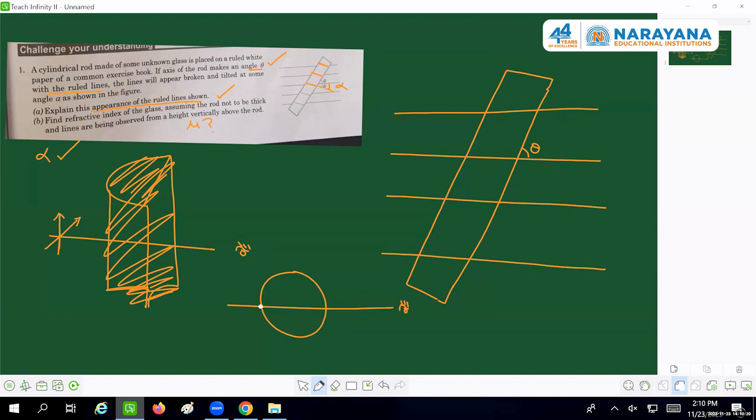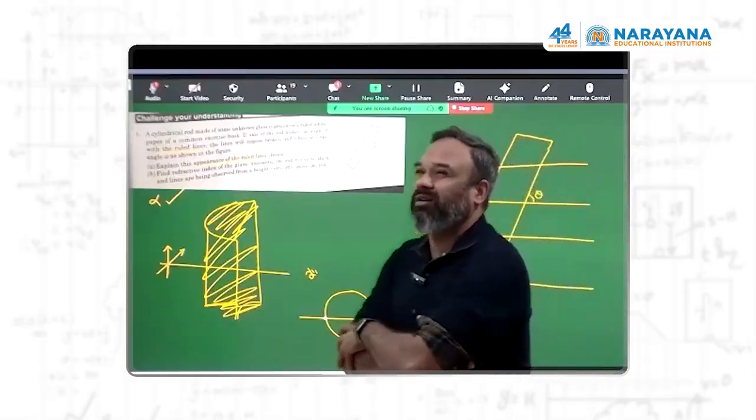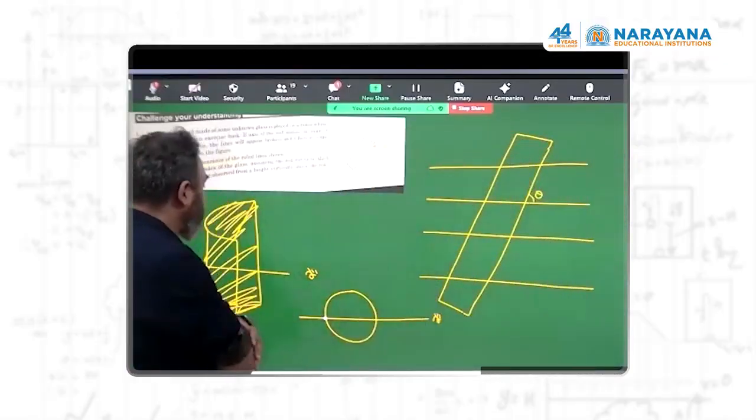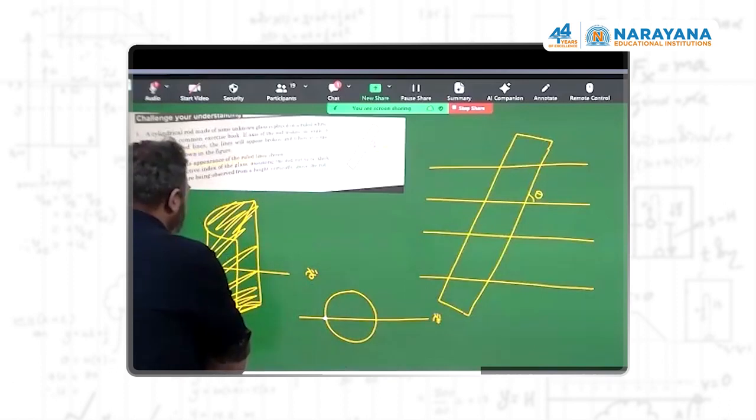Let's understand that in these two orientations, the magnification across the cylinder will be different. Honestly, in one of the orientations, the radius of curvature with respect to the transverse object will act as infinity.